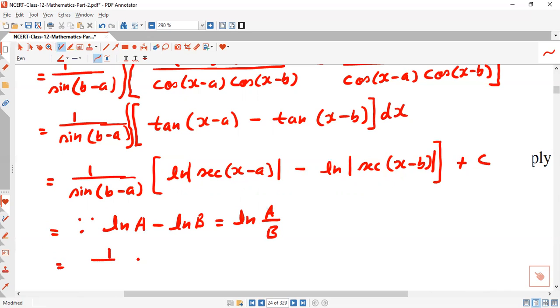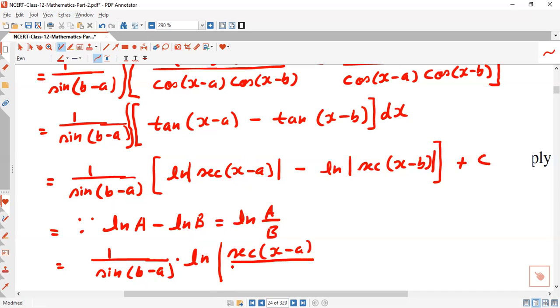It becomes 1 upon sin(b minus a), the constant is here, and these two log terms will be combined: log of sec(x minus a) divided by sec(x minus b), plus some constant c.